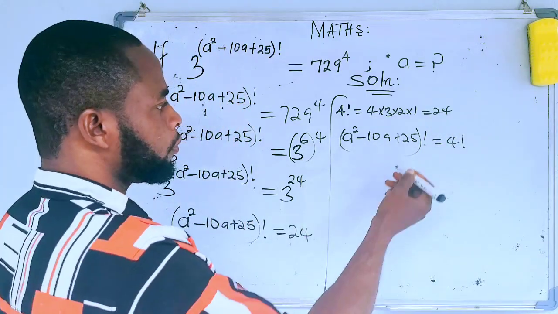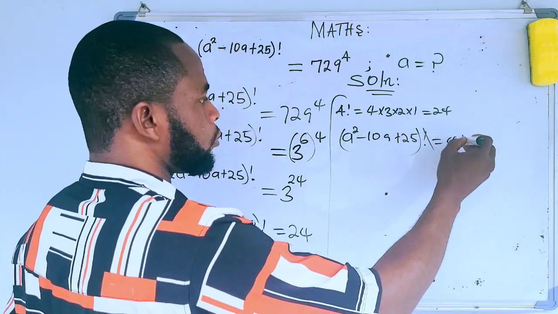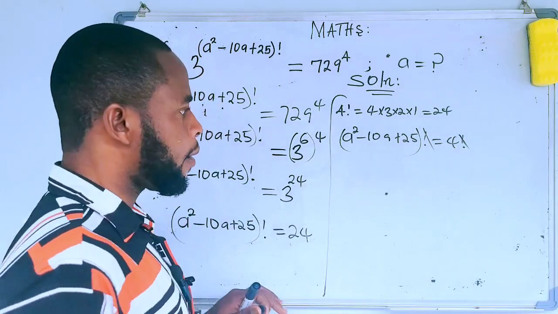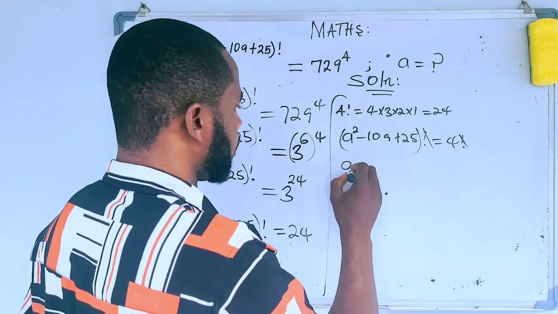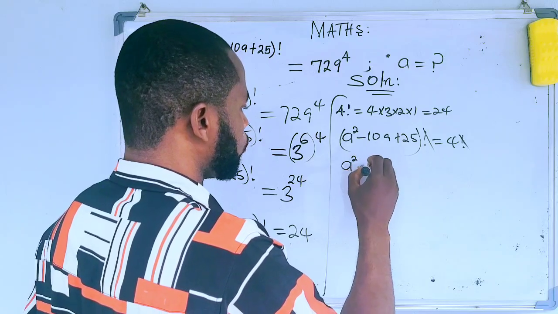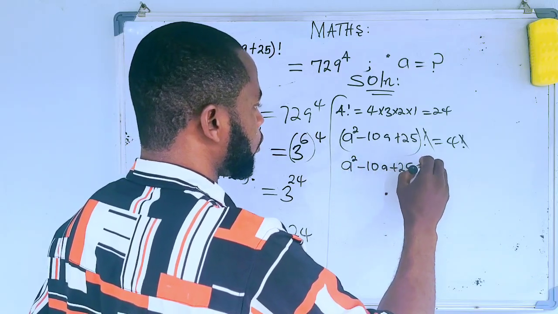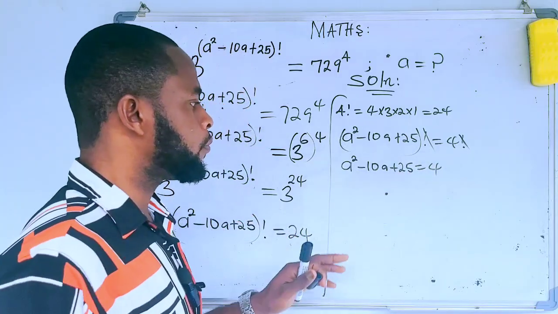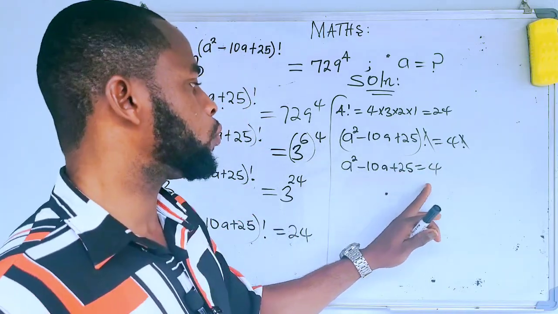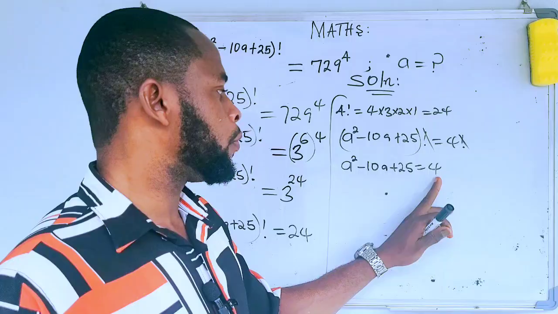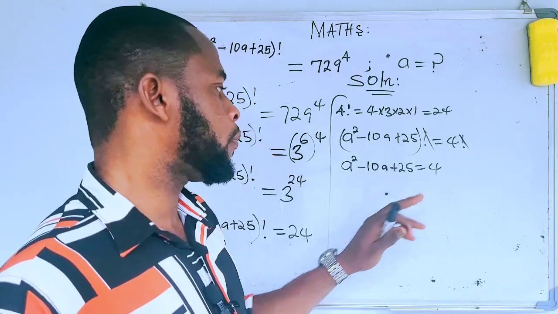Then here now, factorial will cancel out factorial, and we have now that a to the power of 2 minus 10a plus 25 equals 4. This is quadratic. Now we are going to rewrite it into normal form.